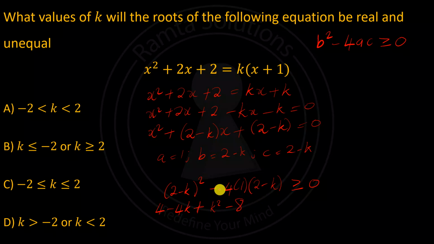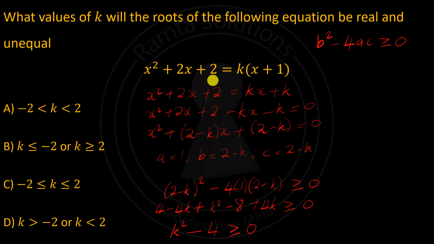And then negative 4 times 1 times negative k is positive 4k, and all are greater or equal to 0. Collecting like terms, I do see that we have k squared, minus 4k plus 4k is 0, 4 minus 8. So we have k squared minus 4 is greater or equal to 0.